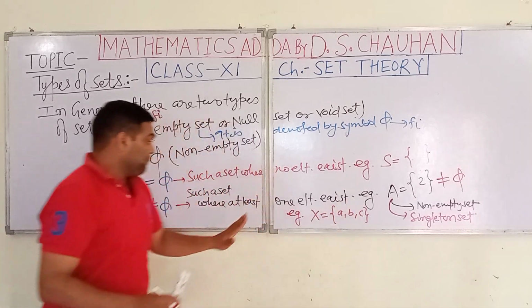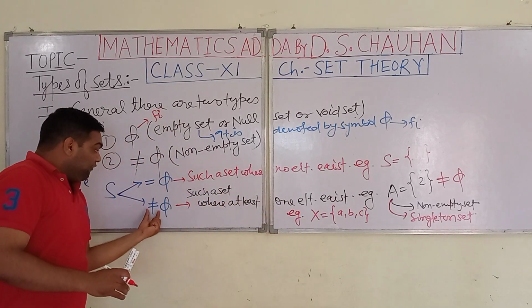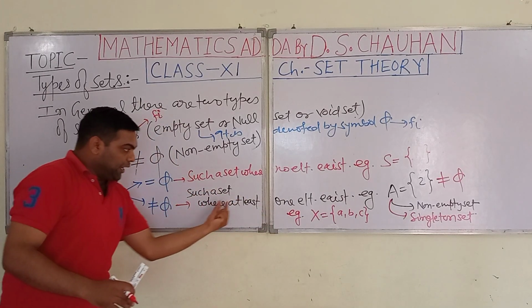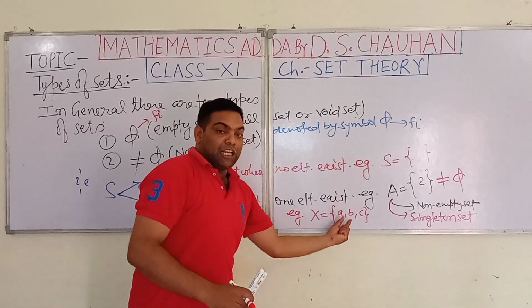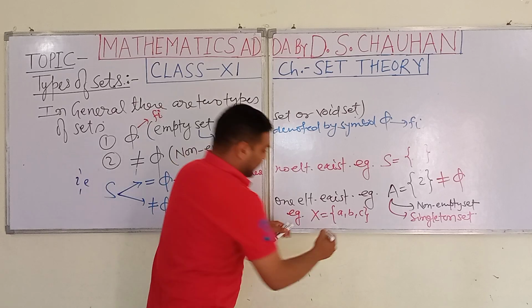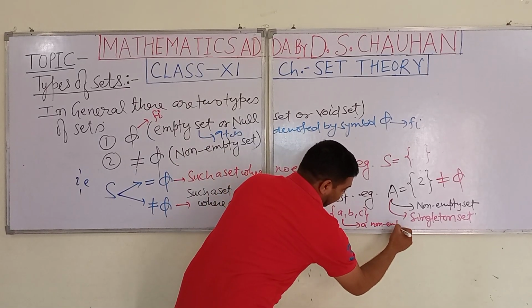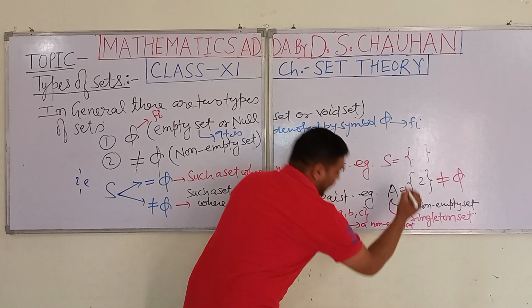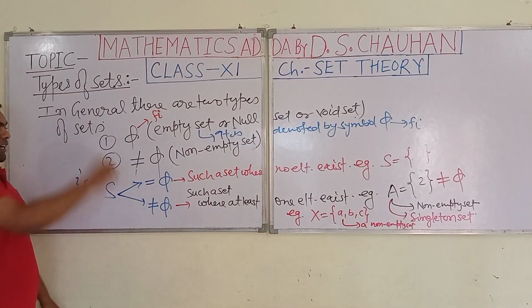One more example students I am putting here. See another example, this X whose elements are A, B, C. Here this set X has three elements, following the definition of non-empty set, such a set where at least one element exists.